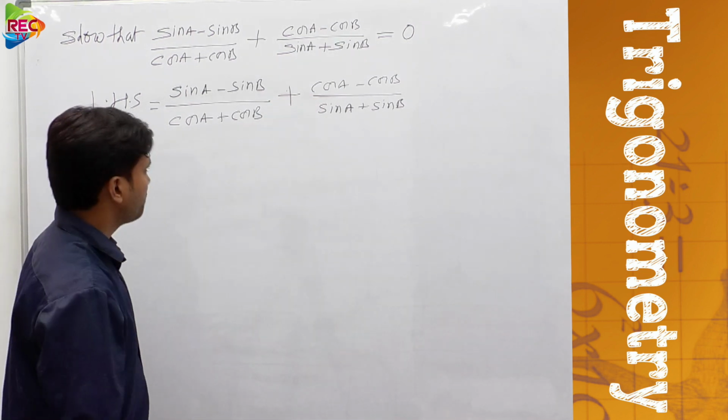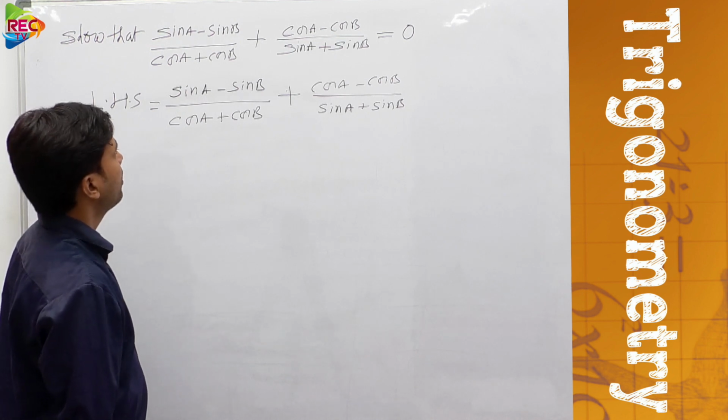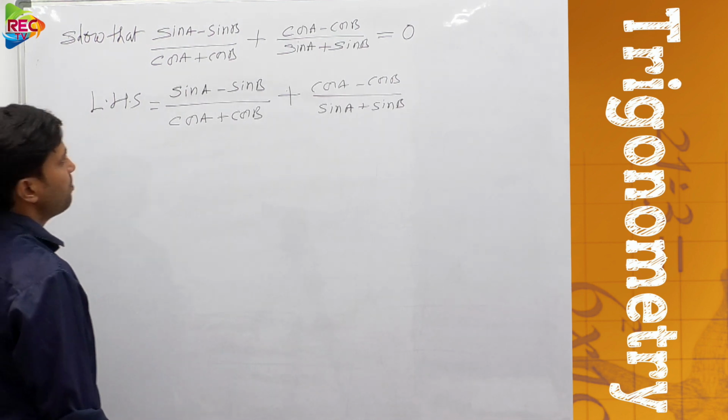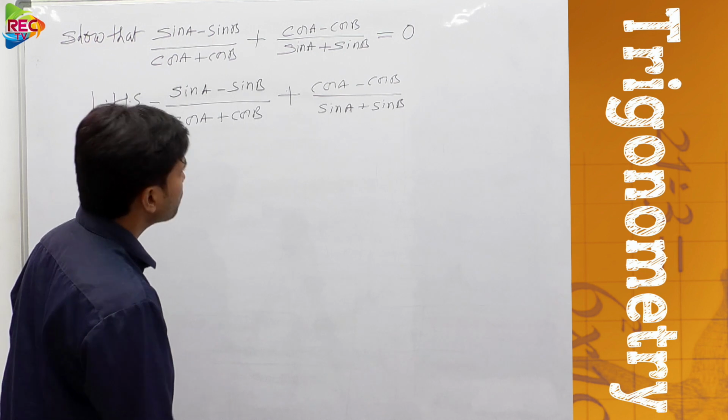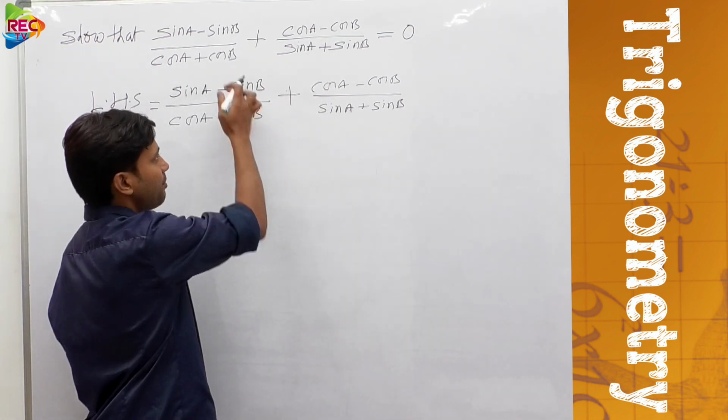Okay. Now, the simple thing is that here you can simply take the LCM of these two fractions. Understood? Take the LCM of these two.